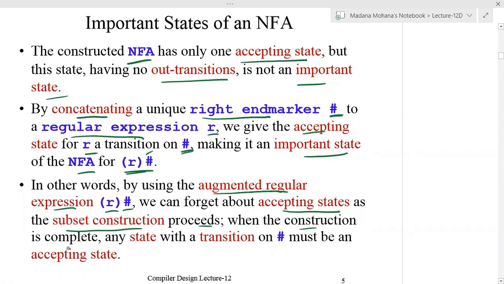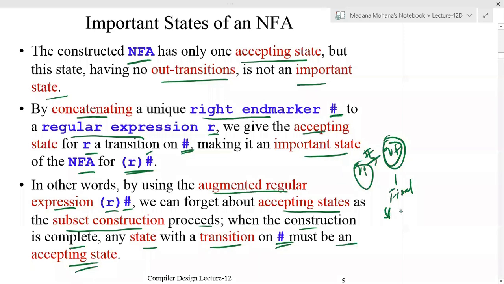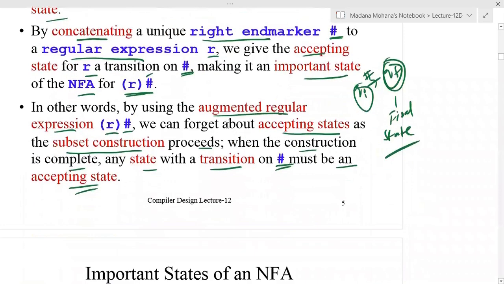When the construction is complete, any state with a transition on hash must be an accepting state. For example, here this is some intermediate state Q, then on the end marker hash, whatever state we reach will be designated as the accepting or final state. So now the final state also becomes an important state.